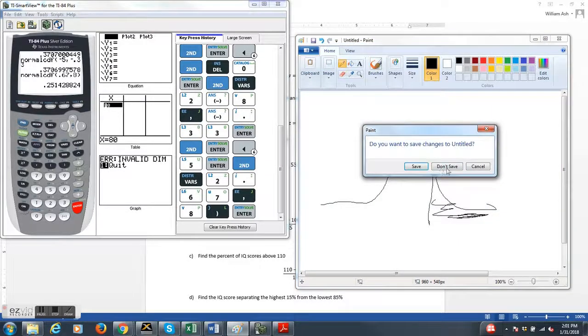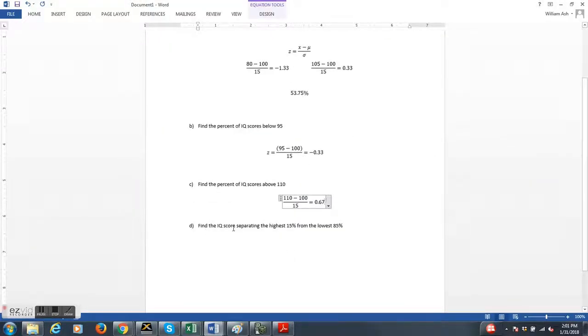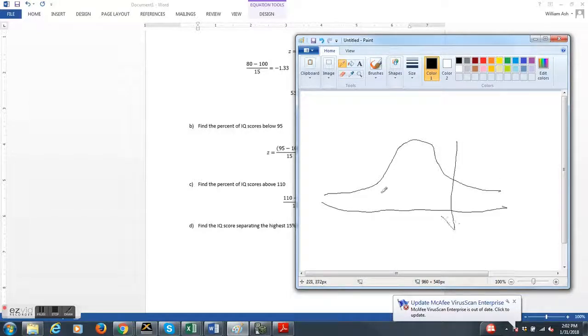Now, this other problem asks for the IQ score that's separating the highest 15% from the lowest 85%. So when I have my curve now, I'm given that area, and I want this data right here.